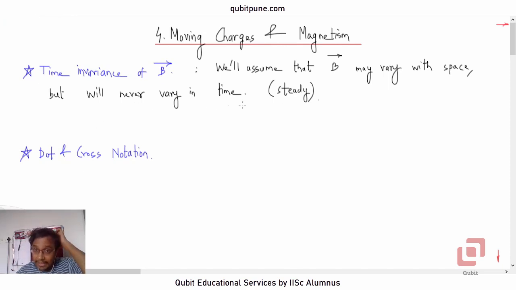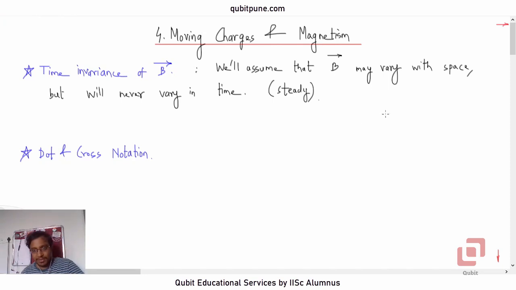Now, what have we learned in mathematics? The rate at which one quantity changes with another quantity is determined by its derivative. Correct. So we can say that the magnetic field, it appears to us right now, depends on the position x as well as time t. When a quantity depends on more than one variable, we define partial derivatives.